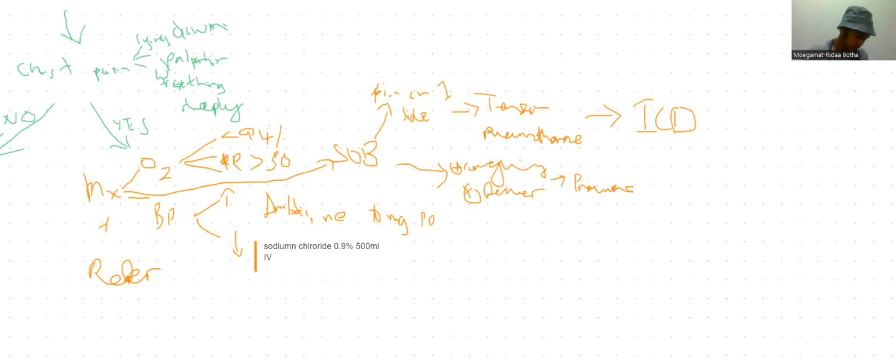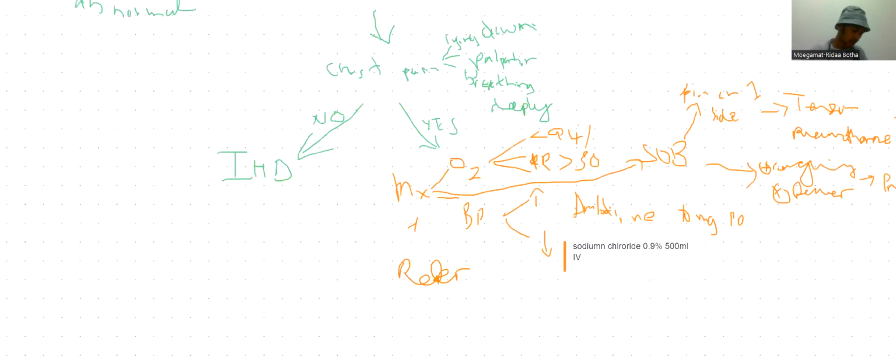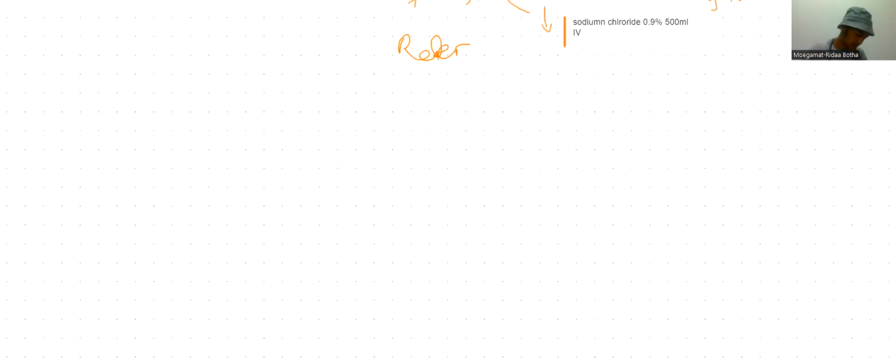If it's pneumonia, we're going to give ceftriaxone, which is going to be 1 gram IV or intramuscularly. Okay, so then referrals, that's an important thing on its own.